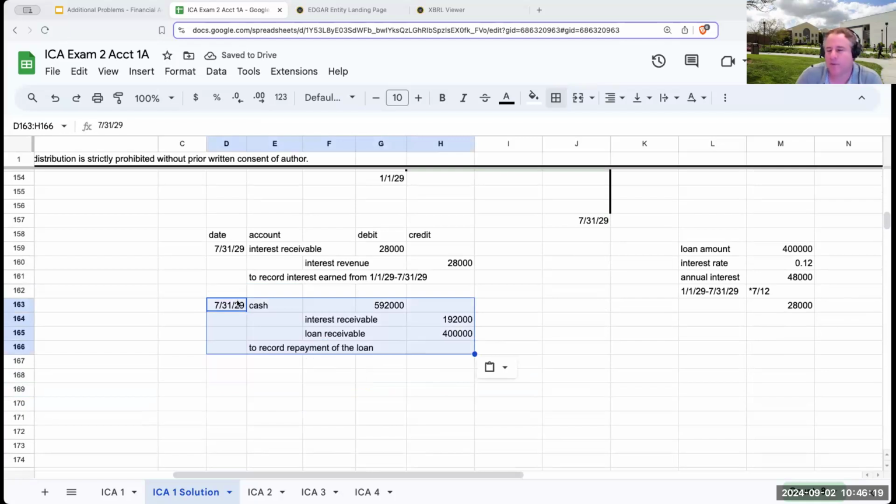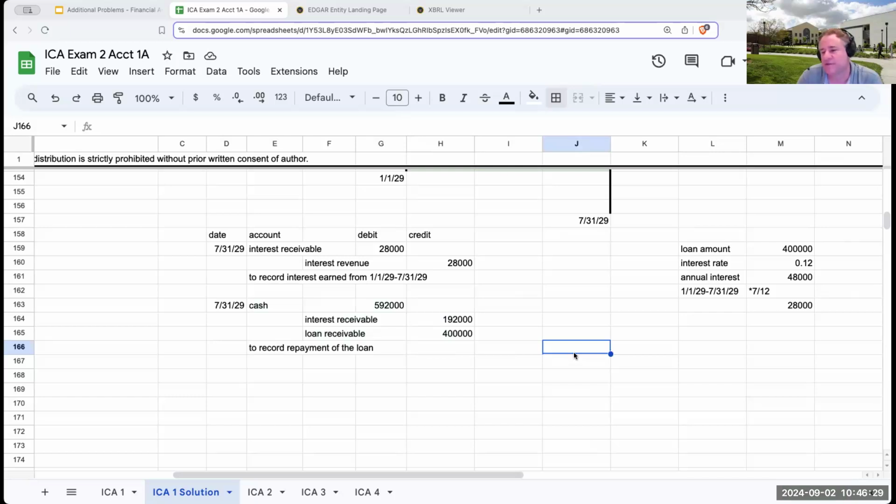Now, you might say, well, Bennett, I want to do something that combines them into one. Can I combine these 2 journal entries into one? Sure. You're going to get the same answer, but what would that be? So 7/31/29, if I were to combine them, I would be getting cash of 592. That's not going to change. The loan receivable is also going to remain unchanged at 400.